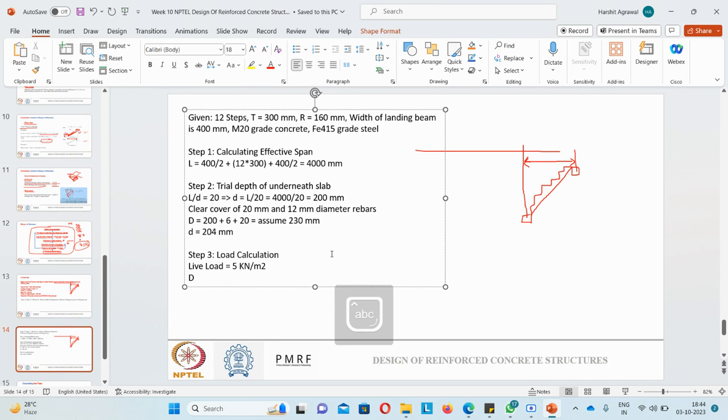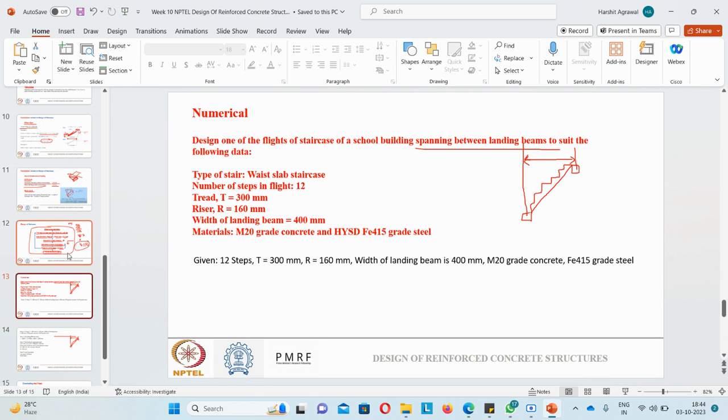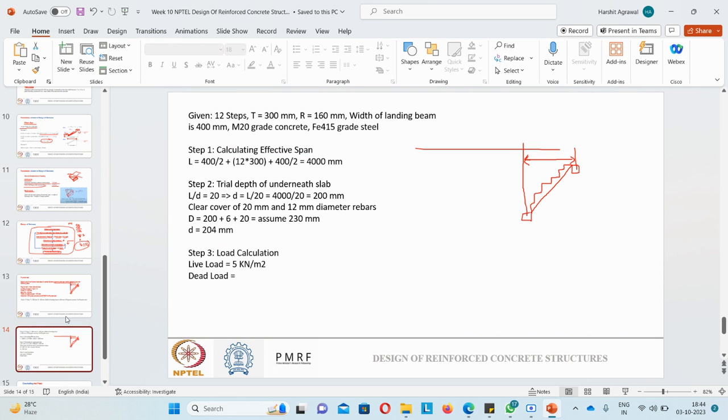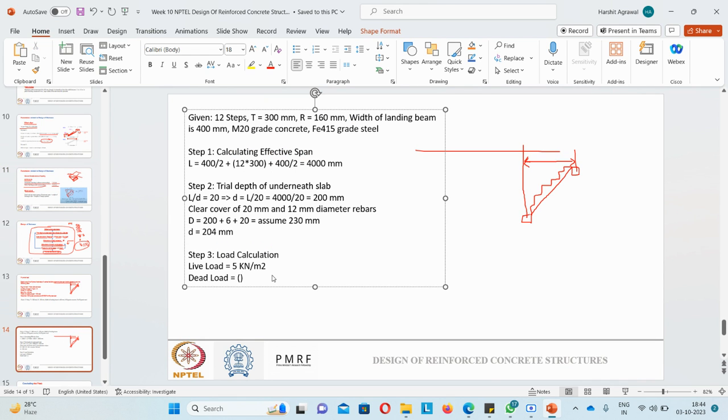Okay. My dead load, how will I calculate the dead load? Dead load will be nothing but using this formula: W times B plus half R T into 25 by G. So W B plus 0.5 times R T into 25 by G. How will I get this value?